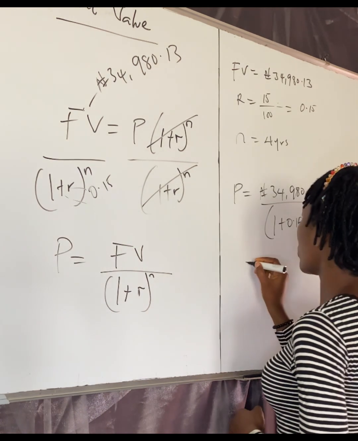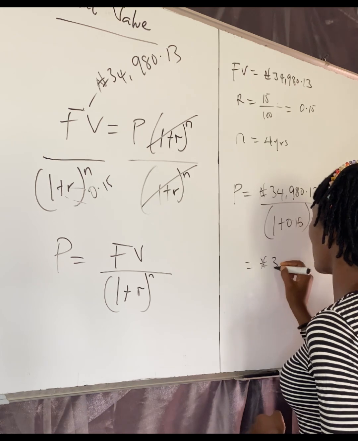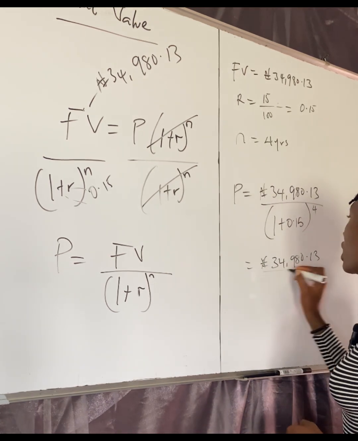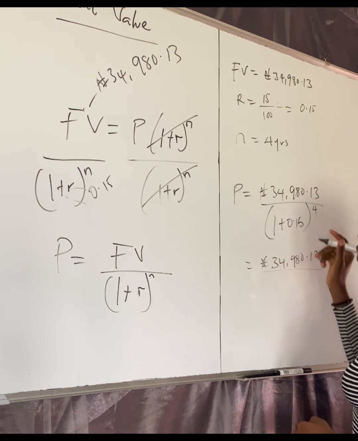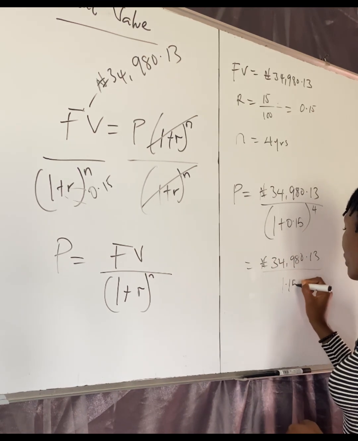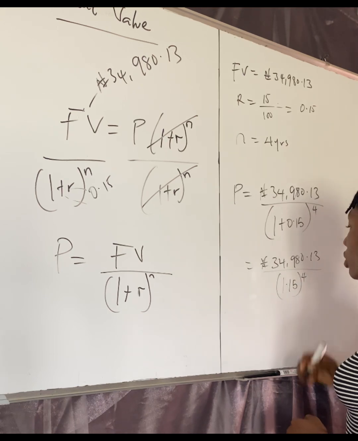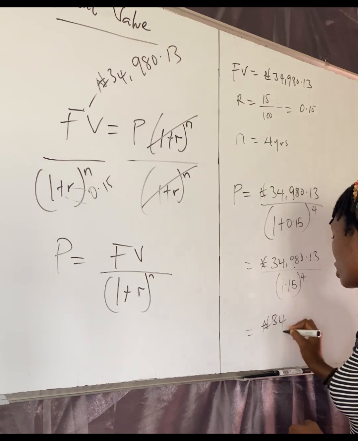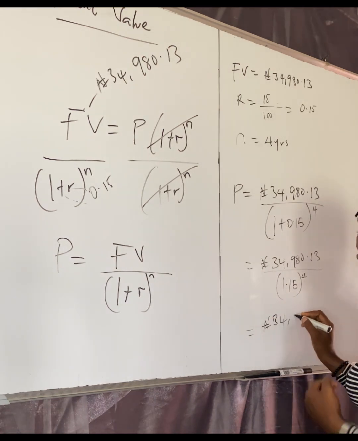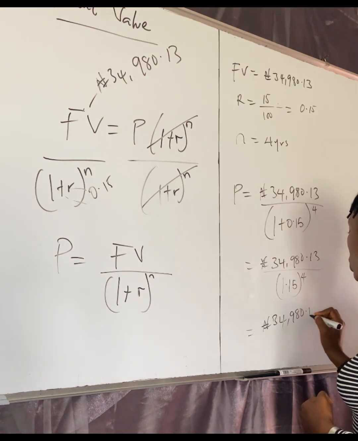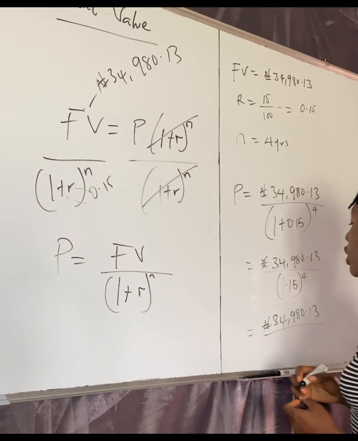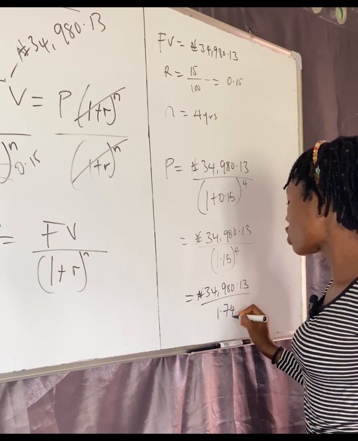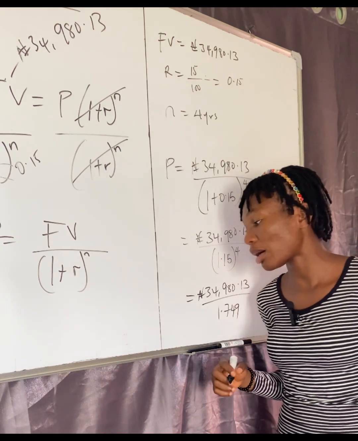When we solve for that, we have 34,980.13 over the bracket, 1 plus 0.15, which is 1.15, raised to the power of 4. Now 1.15 raised to the power of 4 gives us 1.749, to 3 decimal places.